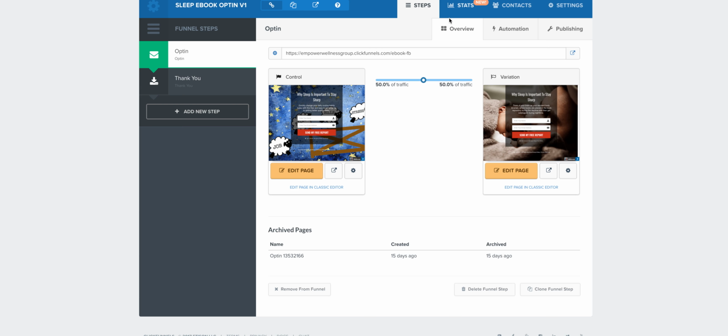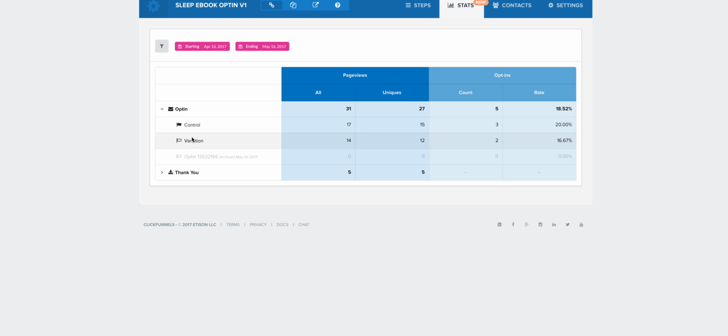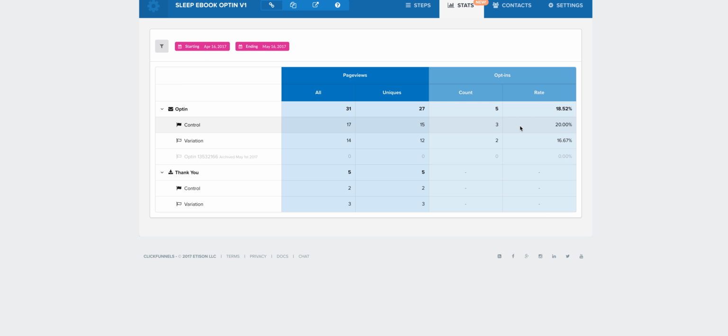Let me show you some stats real quick. Ooh, 20%, very low. That's where we're doing badly on this. I don't think the message is wrong, everything from top to bottom. The landing page and message, we need to strengthen all these things.